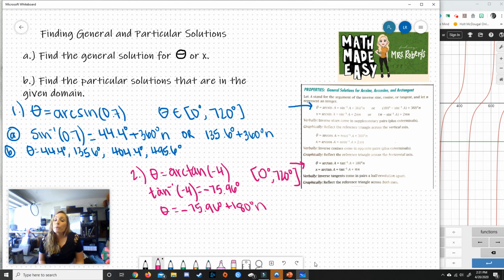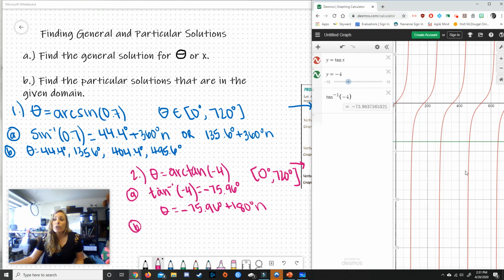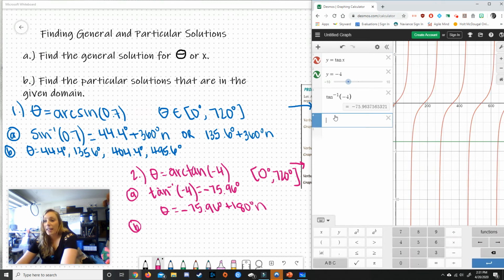Now, we want to find our particular solutions between 0 and 720. You can do that just by clicking on your graph, here, here, here, or here. Or you can even make the equation -75.96 plus 180x, and then change this into a table.